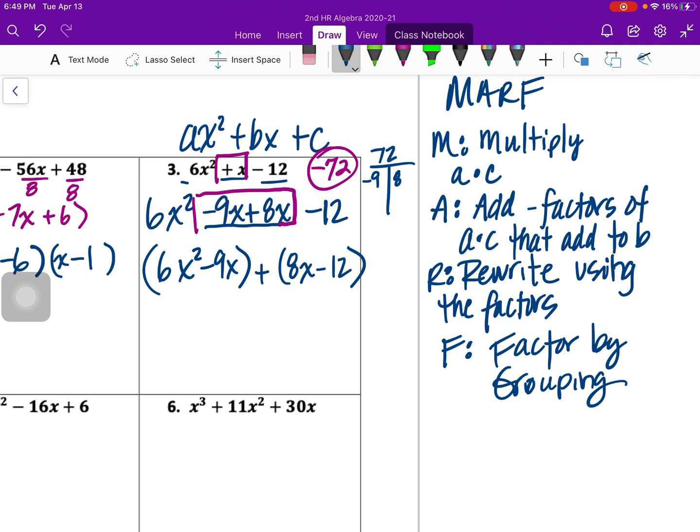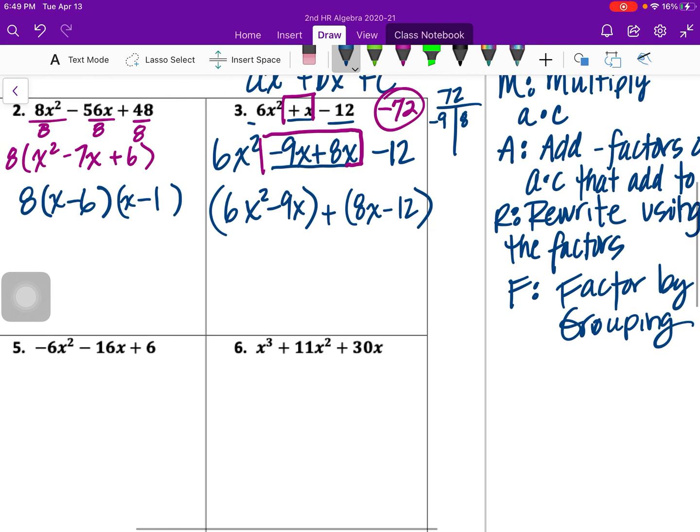Okay, now factor by grouping means you group your factors together, and then you factor out the greatest common factor from each of those groups. So when I look at the first binomial, 6x squared minus 9x, I can see that those have a greatest common factor of 3x.